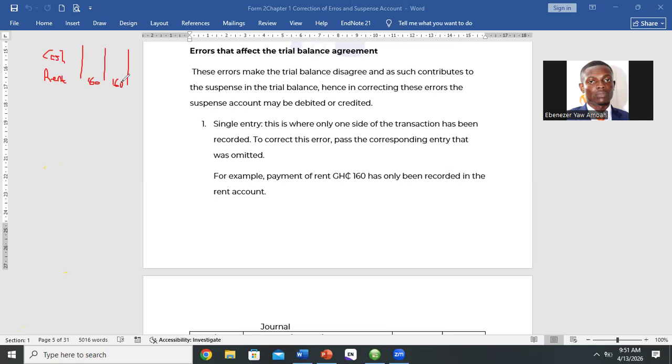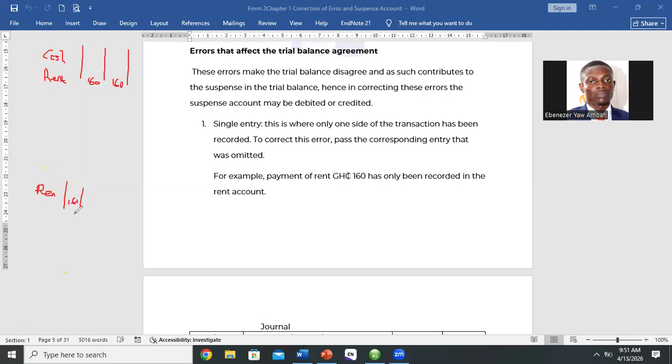So if we were extracting a trial balance with just this transaction, then we are going to have cash 160 and rent 160. However, if the bookkeeper, as it is stated here, only recorded it in rent, then if you prepare the trial balance, you would only have the debit for the rent 160, but you will not have the corresponding credit for the cash.